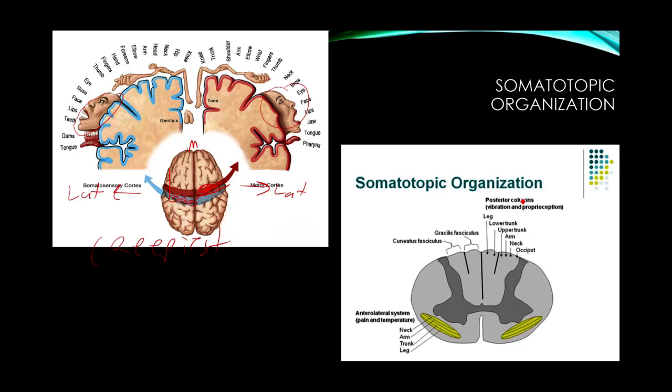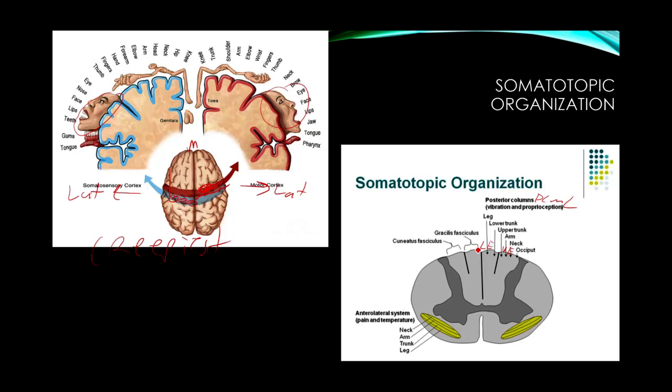That organization also applies to the PCML travel pathways, so to speak, in that lower extremity is more midline and then upper extremity is more lateral. And this information travels in two fasciculi, and a fasciculus is just a bundle of tracts, basically.